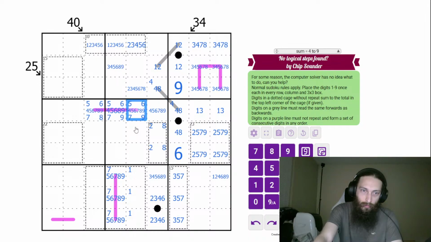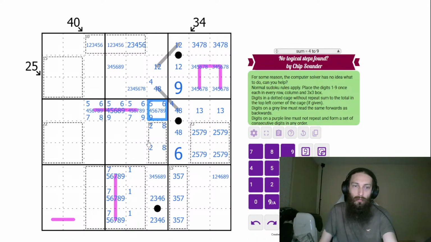5, 6, 7, 8, 9. 4 and 8 get removed. 5, 6, 7, 8, 9. So a 7 has to be on these. It's not here or here.